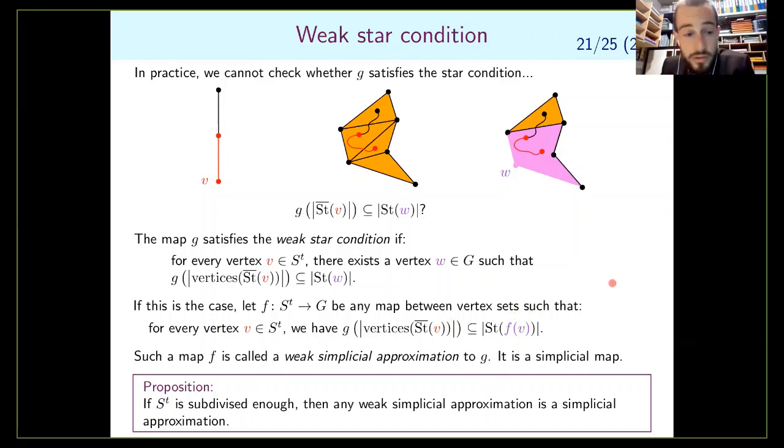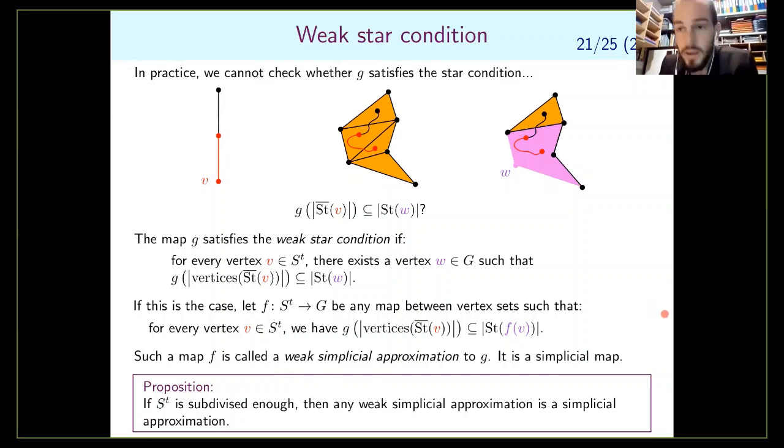You can still show that a weak simplicial approximation is a simplicial map. And moreover, if my initial simplicial complex is fine enough, if it is subdivided enough, then the star condition and the weak star condition are the same, they are equal conditions. If my initial simplicial complex is subdivided enough, weak simplicial approximations will be homotopic to the map I consider.